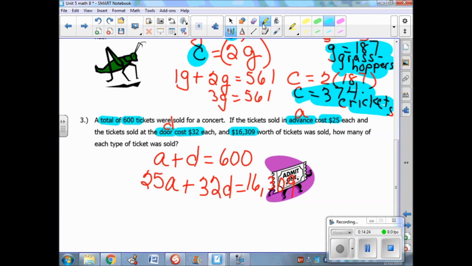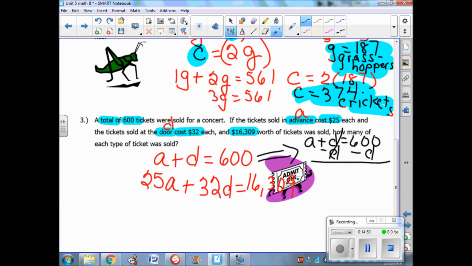So for substitution, I'm going to take this first equation, A plus D equals 600, and solve for A. I'm going to subtract D from both sides. A equals 600 minus D.